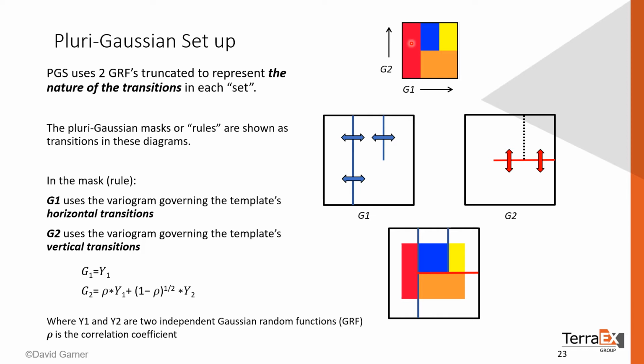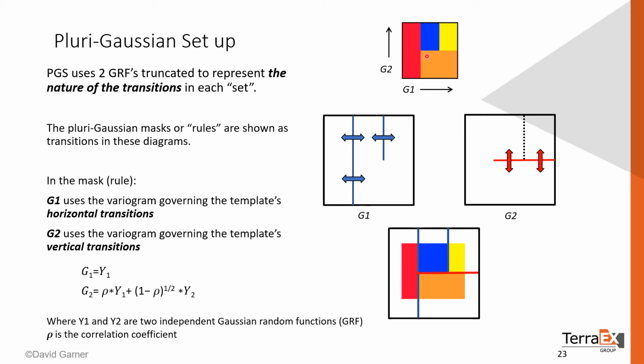Here it's saying that facies red, in the primary variogram, is going to transition into blue and then yellow, from blue to yellow. And that red could also transition into orange. That's shown by these transitions here in the template.